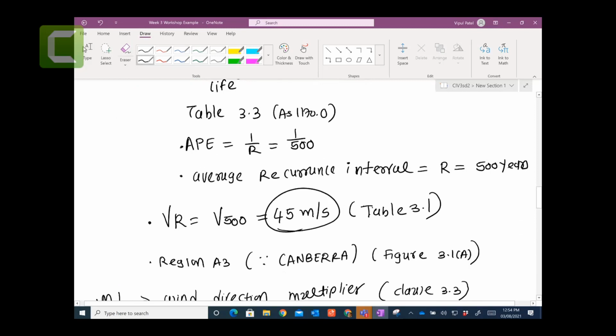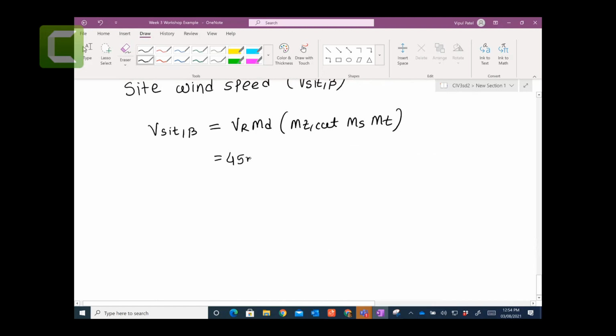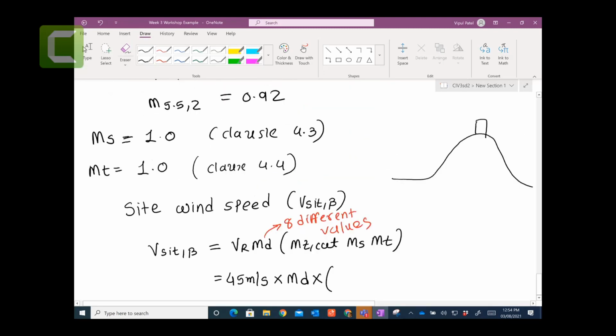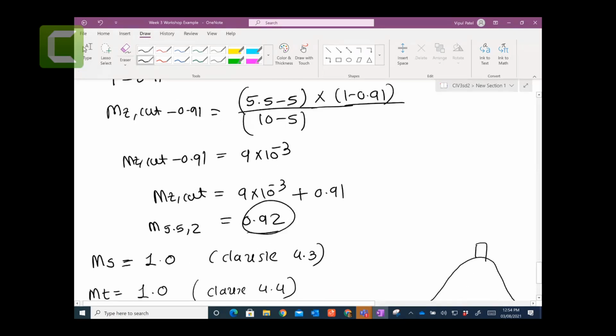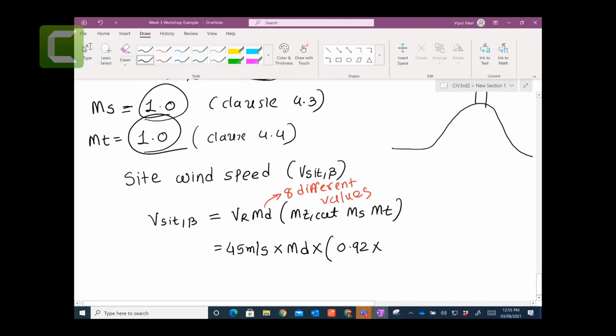We calculated 45 meters per second. Md has 8 different values, if you remember that I put at the start. Mz cat we got by interpolation, 0.92. Ms is 1 and Mt is 1.